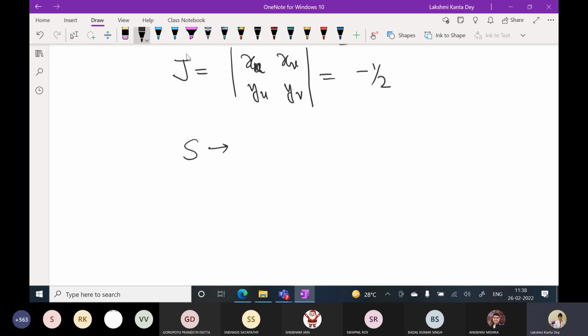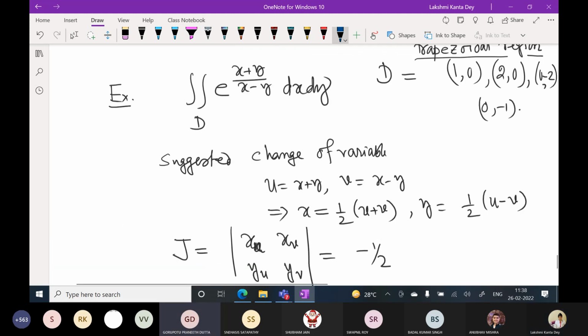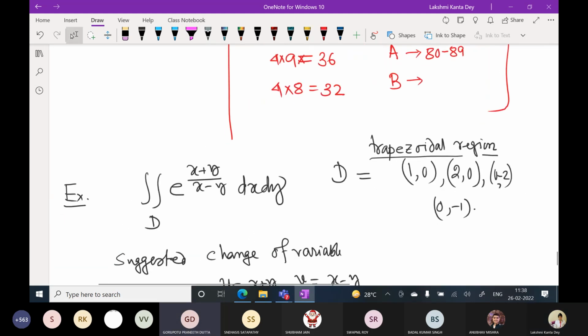Once go to the coordinates, the trapezium coordinates. Okay, I have to show it. If I draw it here, with 1, 2, minus 1, minus 2, this thing is basically your D.